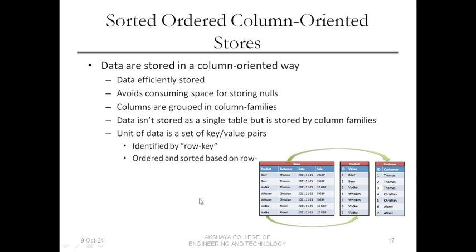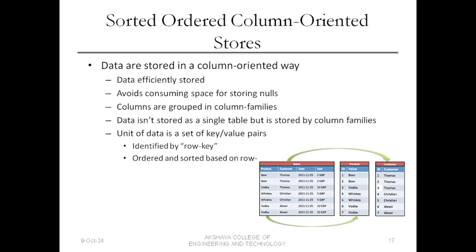Next is sorted, ordered, column oriented stores, where we store the data based on columns. So data are stored in a column oriented way. So they are divided based on the columns. Columns are grouped in column families. Data isn't stored as a single table, but stored by column families.